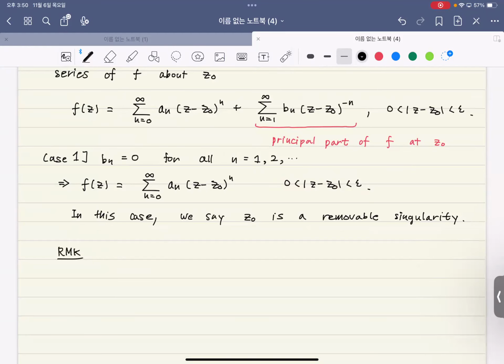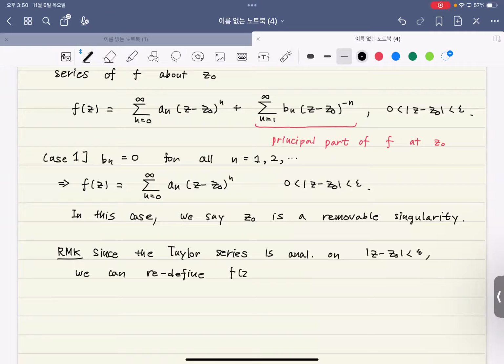So since the Taylor series is analytic on the disk, we can redefine f(z0) to be a0.